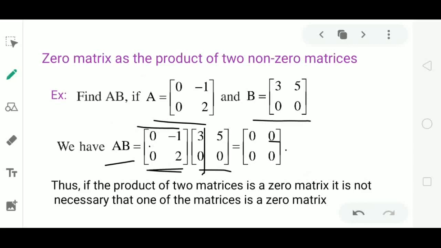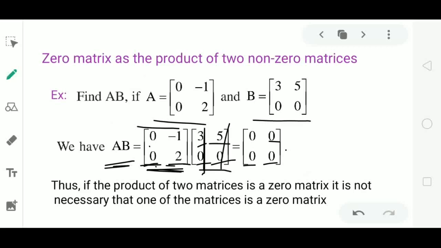Next, second row, first column. 0 into 3 is 0, 2 into 0 is 0, 0 plus 0 is 0. Second row, second column. 0 into 5 is 0, 2 into 0 is 0, 0 plus 0 is 0.